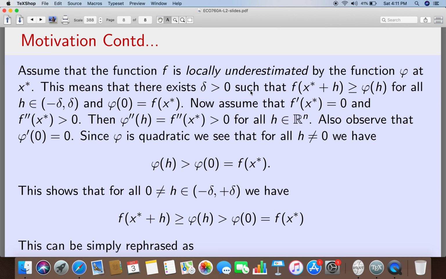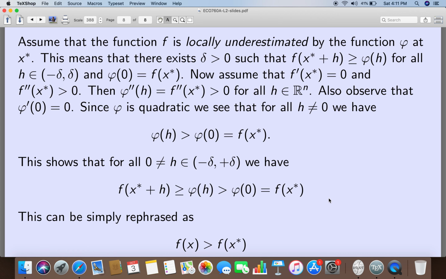When the function f is locally underestimated by the function phi, then any point which satisfies f dash x star equal to 0 and f double dash x star strictly greater than 0 will give me a minimizer.